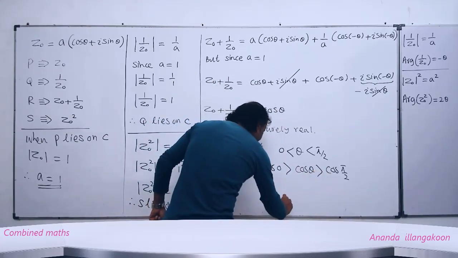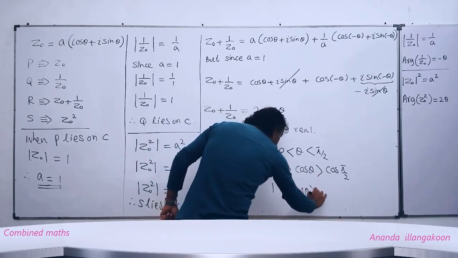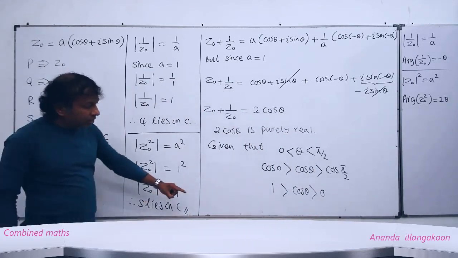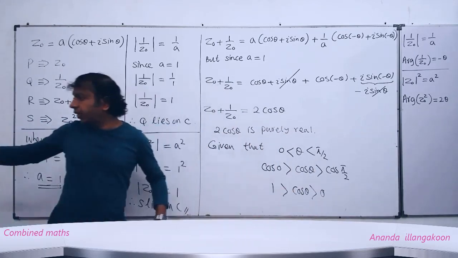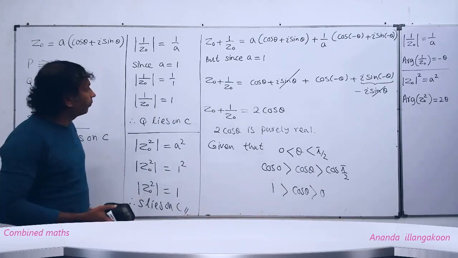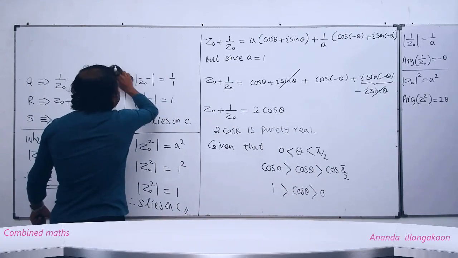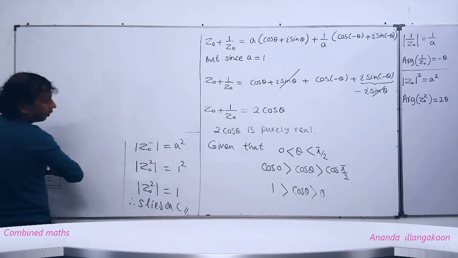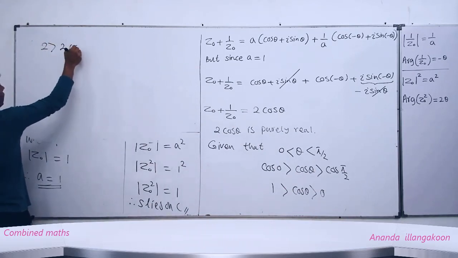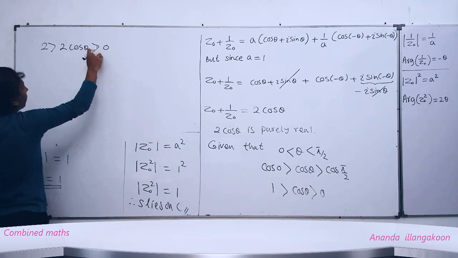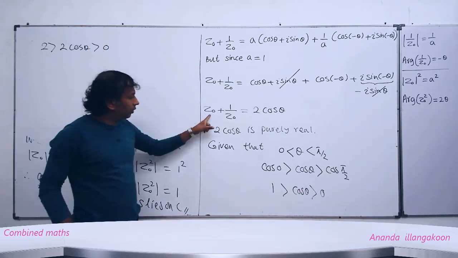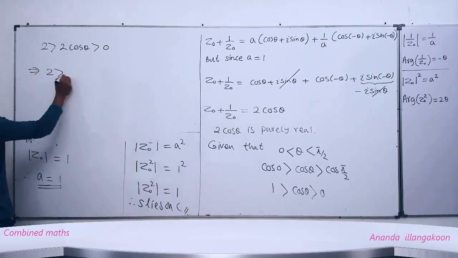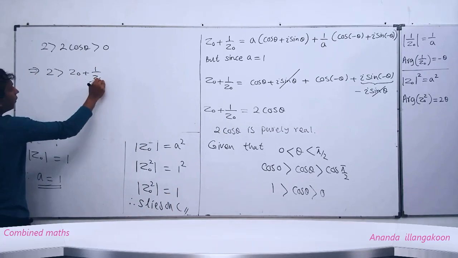Cos 0 is 1, cos theta, cos 90 is 0. Now I multiply this inequality by plus 2. Whenever we multiply an inequality by a positive value, the direction won't change. So I can write 2 greater than 2 cos theta greater than 0. But this 2 cos theta is nothing but Z0 plus 1 upon Z0. This gives us 2 greater than Z0 plus 1 upon Z0 greater than 0.